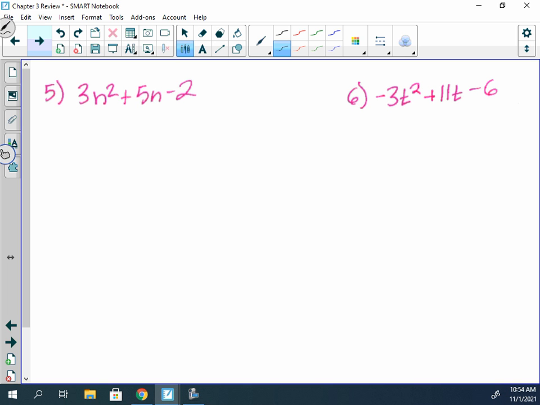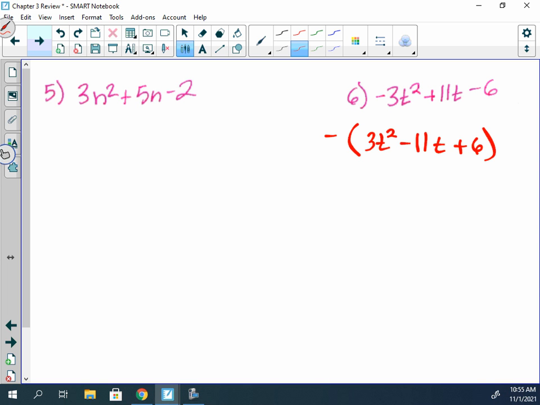Well, there's not a whole number, but there is a factor I would pull out, and that would be the negative 1. I would pull the negative out because I don't like having the number in front of the variable that is squared being negative. So here I'd pull it out, which would give us 3t squared minus 11t plus 6.